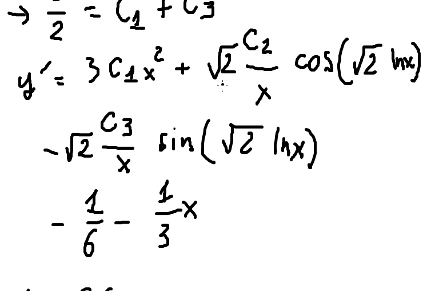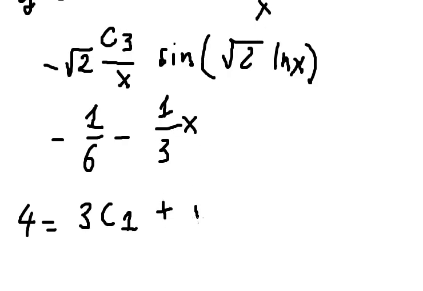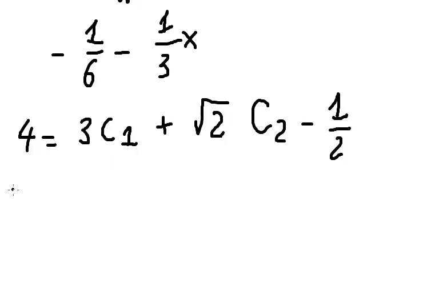So we have the square root of 2, and we have c2. This one we have 0. This one in here we calculate, and we have negative 1 over 2. So I will put negative 1 over 2 to the left, and we have 9 over 2. So we have the second equation.